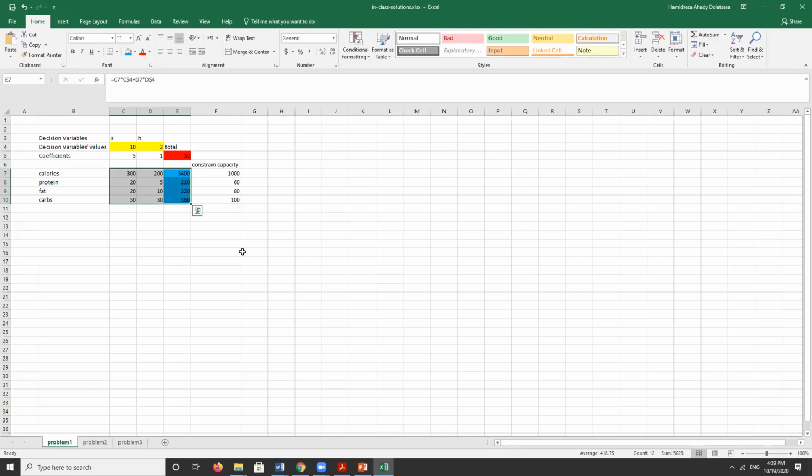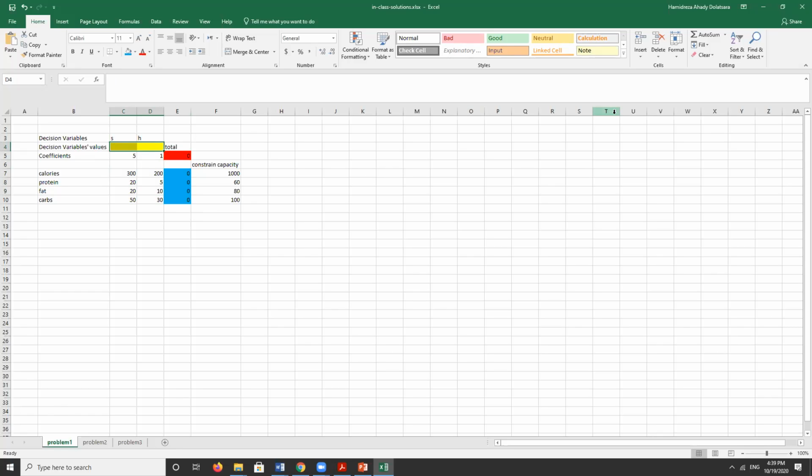I know if I use 10 sandwiches and 1 hash brown, how many calories, protein, fat, and carbs it makes. But I'm not sure if 10 and 2 is good. First of all, maybe it doesn't follow any constraint, and also it's not minimized. I'm going to minimize it, so you don't have to check one by one until you find the best solution. You just let Excel do it for you.